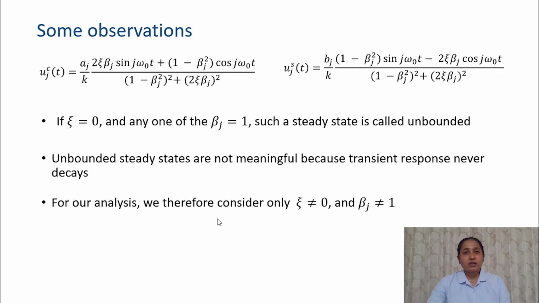In our analysis, we'll consider only situations where theta is not equal to 0 and beta j not equal to 1. If this condition is satisfied, then we will never get an unbounded solution from this expression.